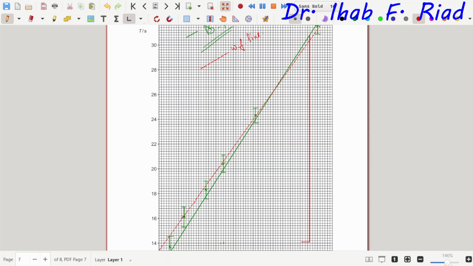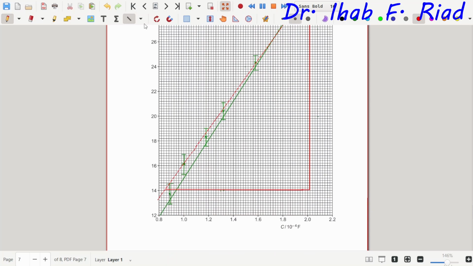Something like this. Okay, and calculate the gradient.